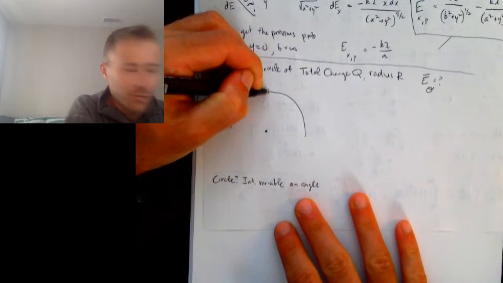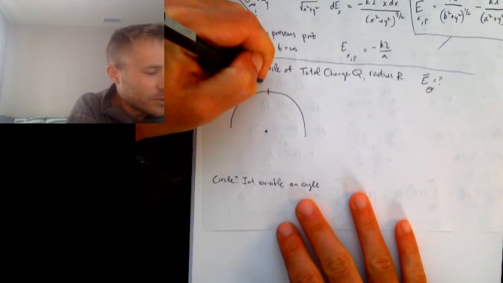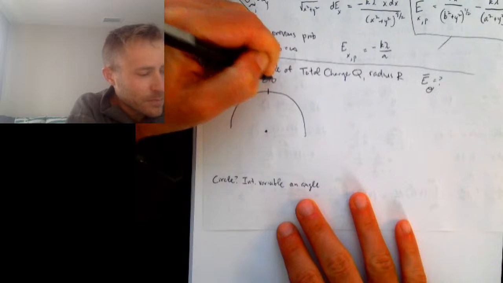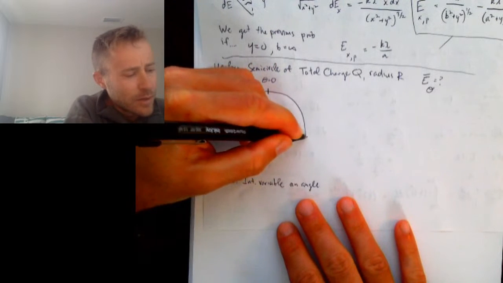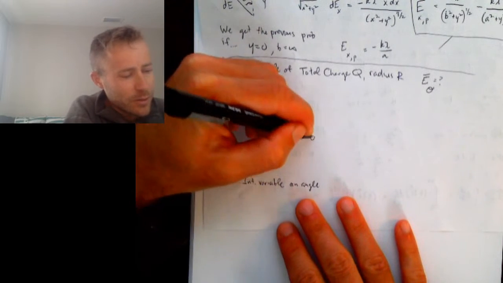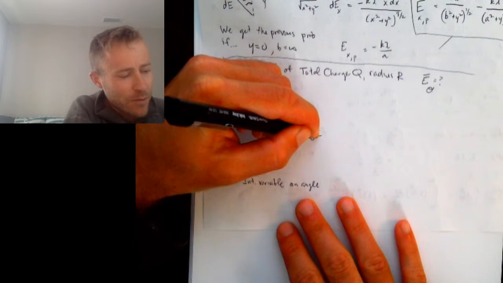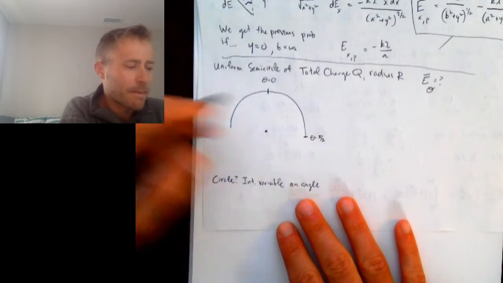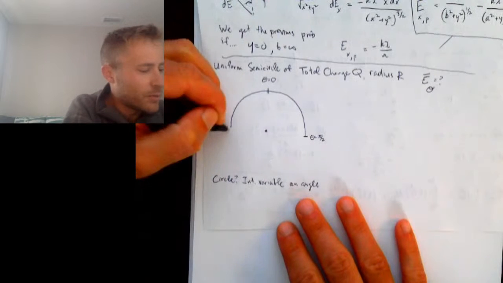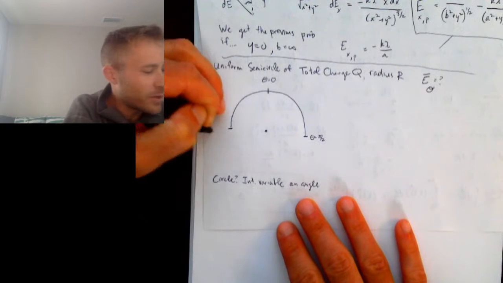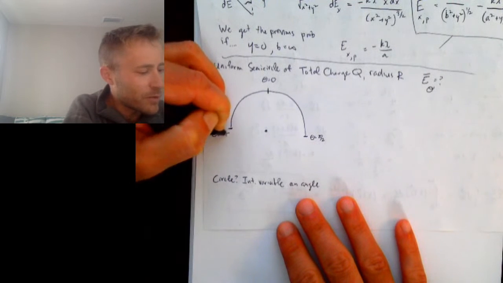So I'm going to call this point theta equals 0. Then this point would be theta equals pi over 2. And this point right here on the other side would be theta equals minus pi over 2.